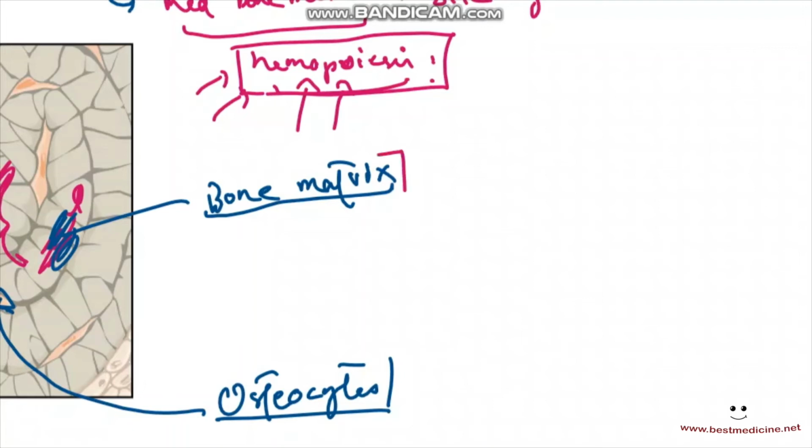I think I have discussed this in the connective tissue chapter, where we have the disease called osteogenesis imperfecta. It was a disease caused by a mutation in the production of collagen type 1.